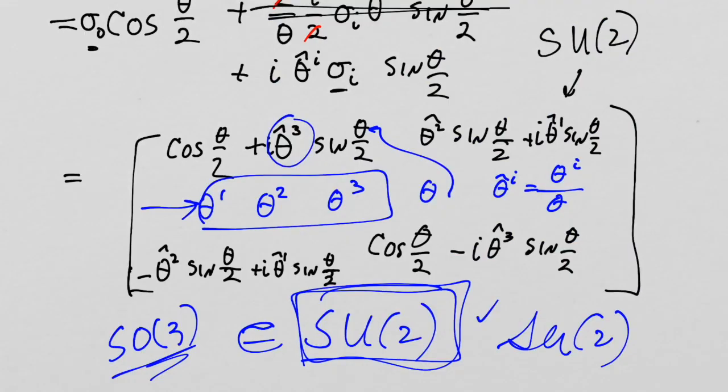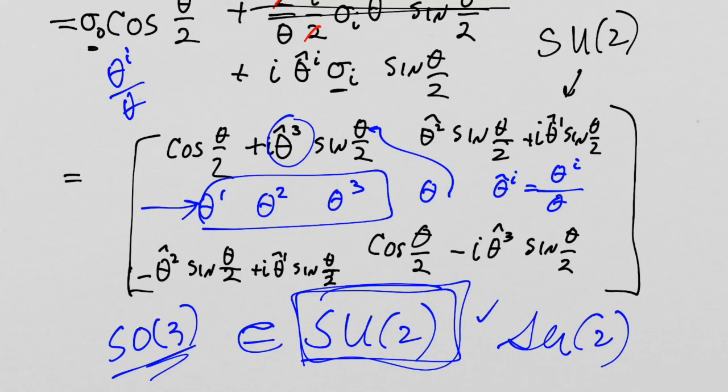And then we drove the ship home and calculated the actual members of SU2. These are now functions of the coordinates, where theta is the square root of the sum of the squares of the three parameters, theta 1, theta 2, theta 3, and these were normalized thetas given by theta i over theta. Okay, so next time we'll do this for SO3 and draw that legendary comparison.